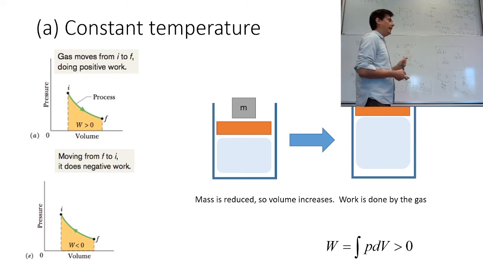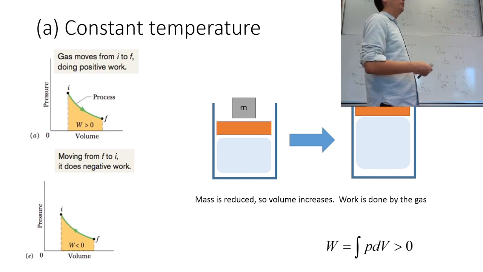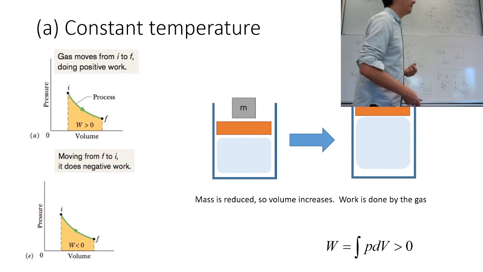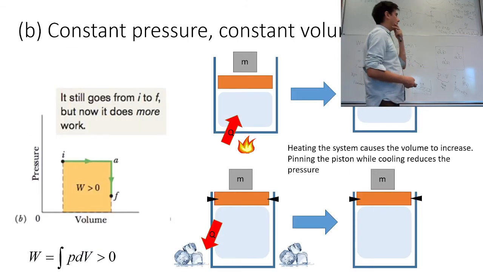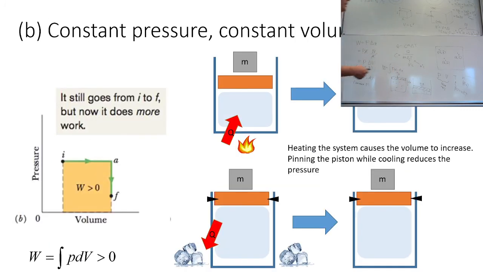So it's going to gain energy in going this way because, if the work done by something is positive, it means it's expended work. If the work done by the object is negative, then it's actually gained energy. Right? Okay, so that's a constant temperature scenario.